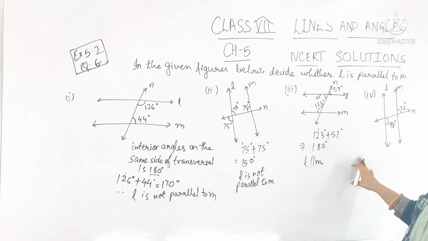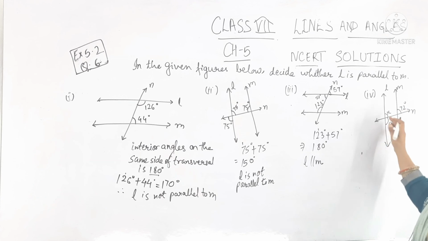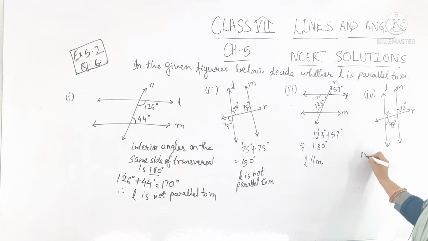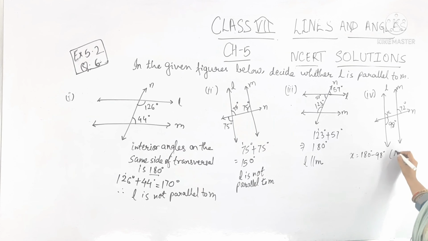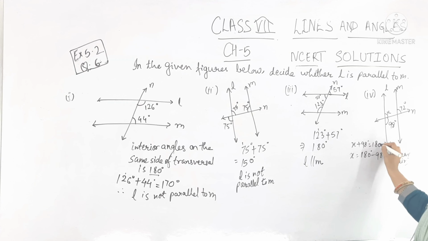Now this one, here you have to find this X. By the linear pair, X equals 180 degrees minus 98 degrees. Or as the first line you can write X plus 98 degrees equals 180 degrees by the linear pair.